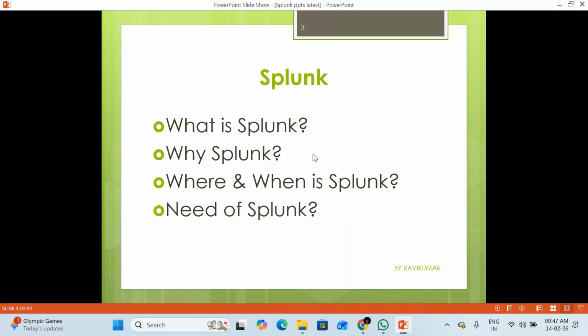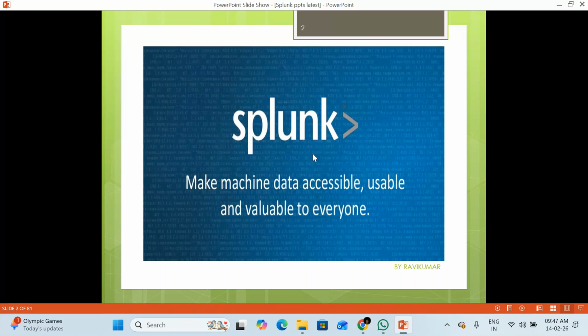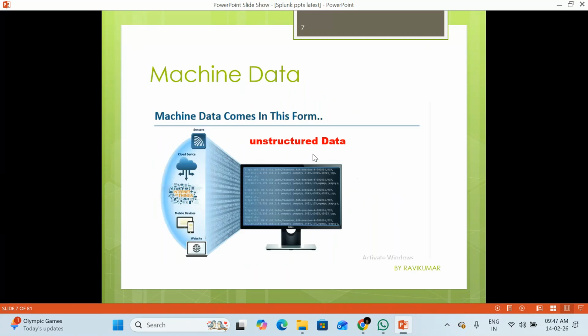Simply, Splunk makes your machine data accessible, usable, and valuable to everyone. Simple statement. Understand? Why? Because machine data is not accessible, it's not useful. You can't even create analysis on top of machine generated data, that is unstructured data. So for that we need a tool. That tool we call Splunk.